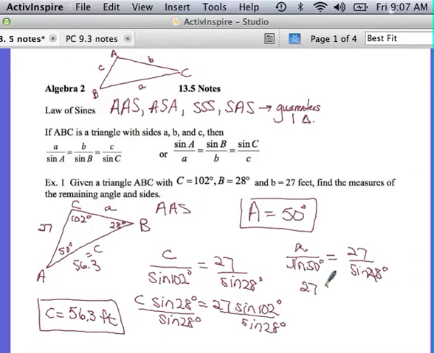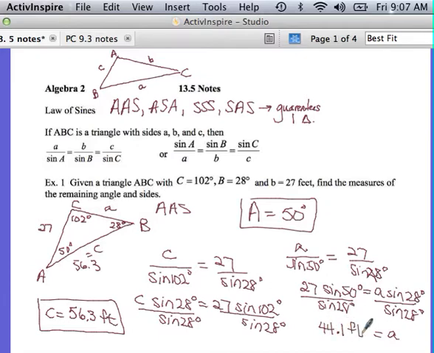You're solving a proportion. I rounded again to the nearest tenth, and I got 44.1 feet.